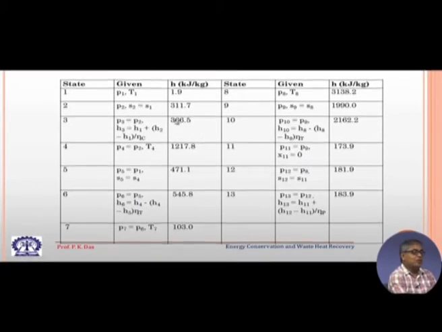So, this is the value of H3, 366.5, and H3 is high. So, that means, due to this inefficiency of the compressor, we have to spend more work for achieving the same amount of pressure ratio.